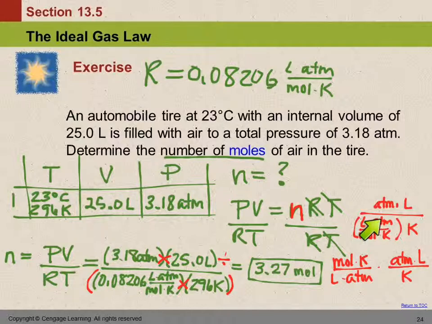So this fraction in the denominator, to get him out of there, I turn him upside down. So I put mole Kelvin on top, I put the liter atmospheres on the bottom, and then I bring him out. So now liters atmospheres cancel, liters cancel, Kelvins cancel, and we see that we're left with moles in the numerator.